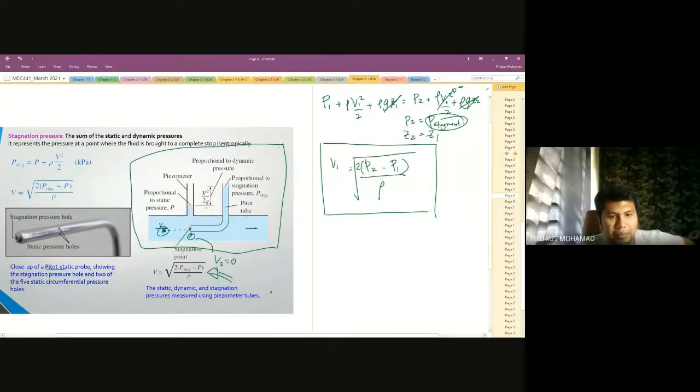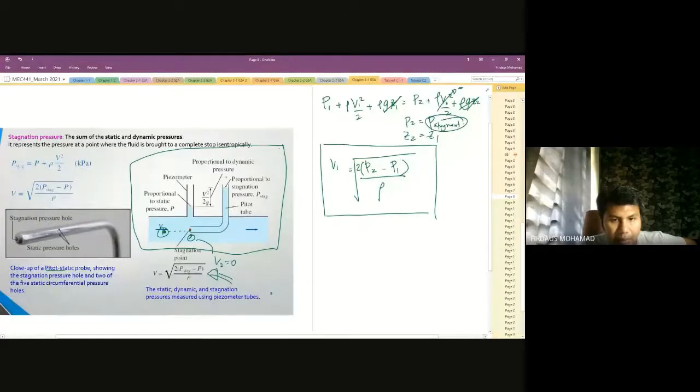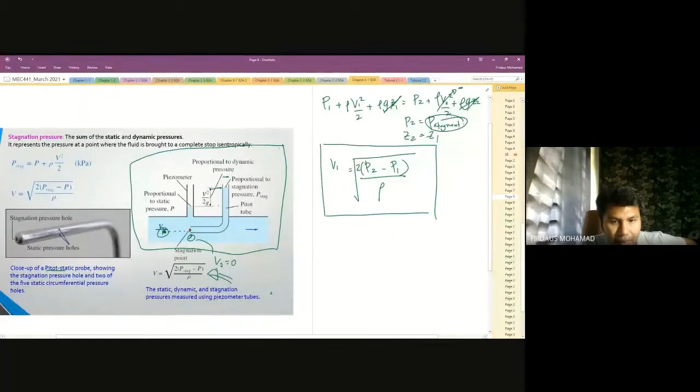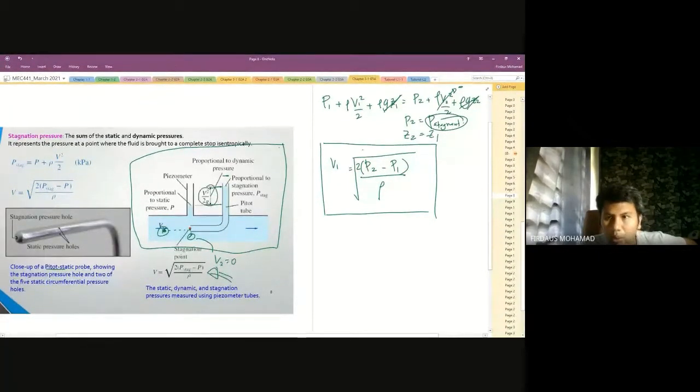Okay, so if the velocity increases, the pressure level will increase. Because this is based on the pressure difference, based on V squared over 2G, or the dynamic pressure.